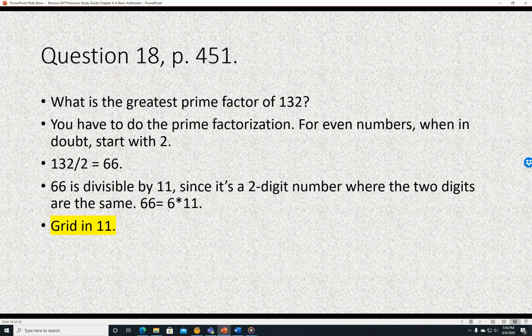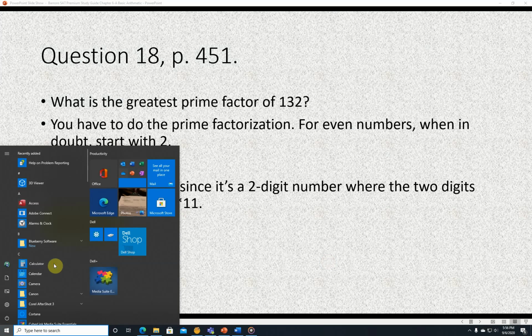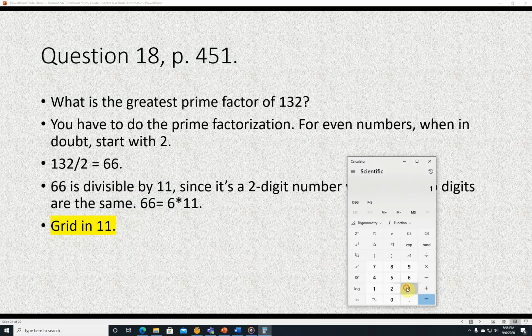What's the greatest prime factor of 132? You have to do the prime factorization. So luckily 132 is an even number, so when in doubt you can just divide by 2 and see what happens. Well, 132 divided by 2 is 66. I can even do it for you on the calculator if you like. So this is 132 divided by 2.